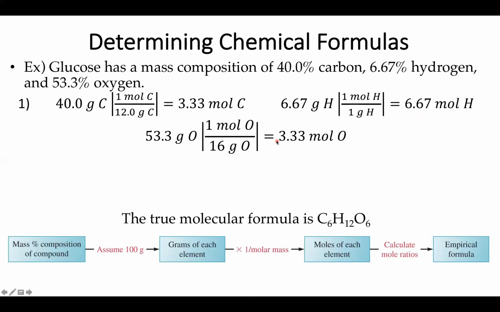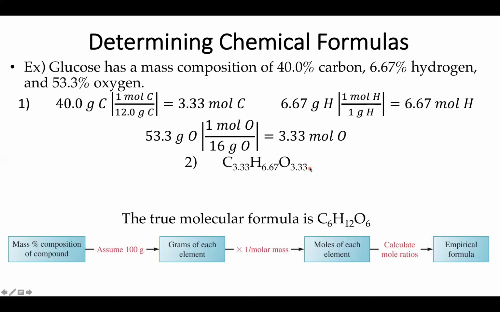Use the molecular ratio, it's 3.3 moles of oxygen. And you'll note that just like we found last time, we have an equal number of moles of carbon as oxygen present. So what we can do is take these number of moles of each species and put it together in terms of our tentative empirical formula.